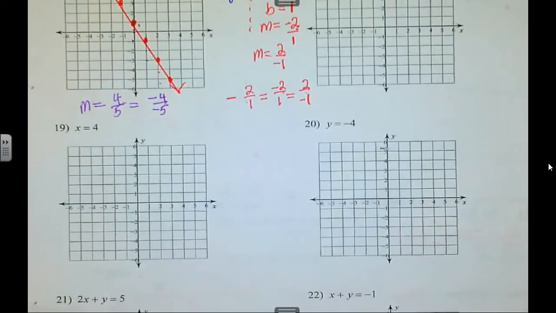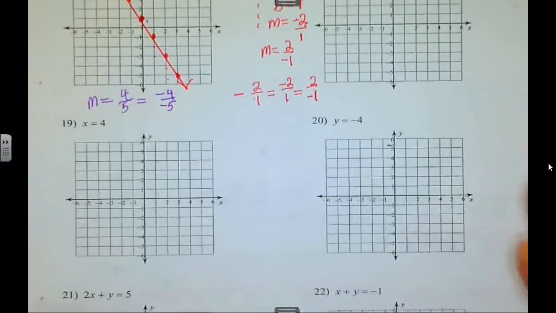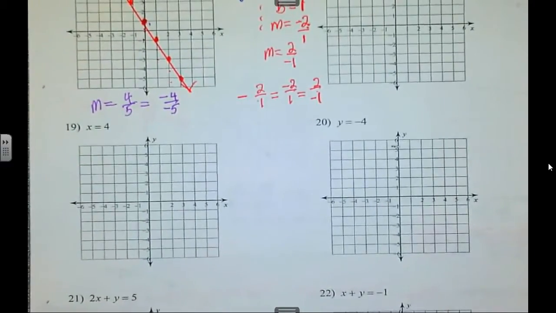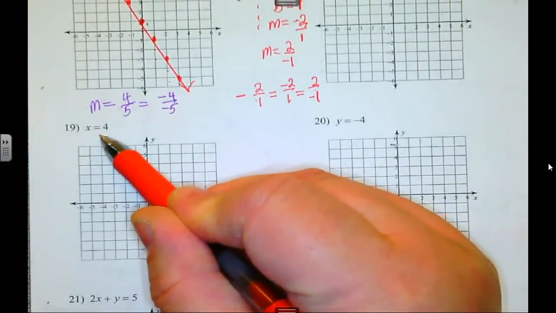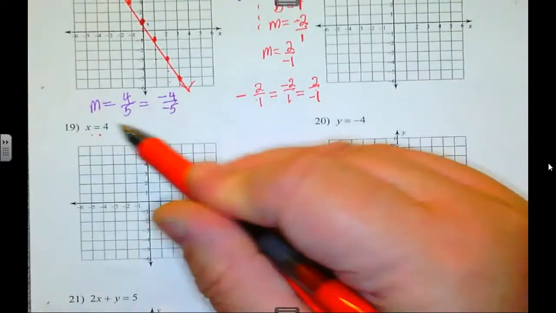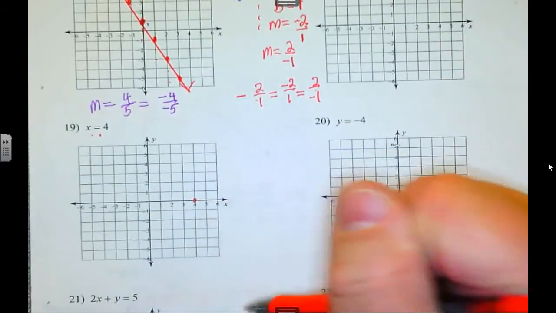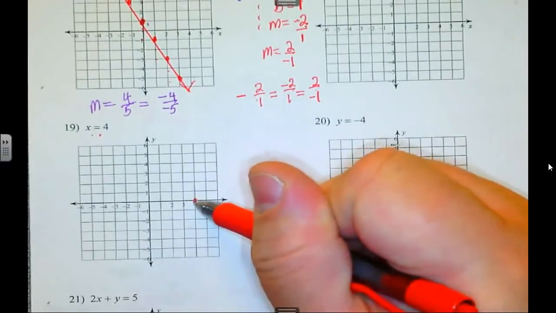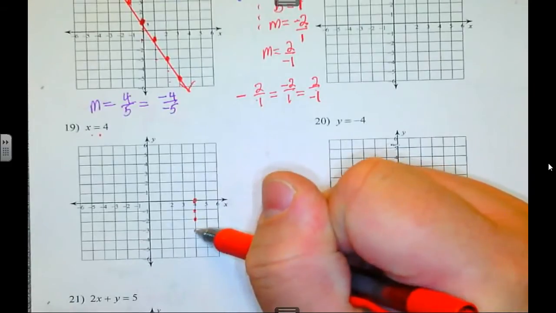Now, here's the way I tell the students, it's easy points if you do it this way. For every point, every ordered pair, my x is 4. So here's x equals 4. My y can be anything it wants, but my x will always be 4.